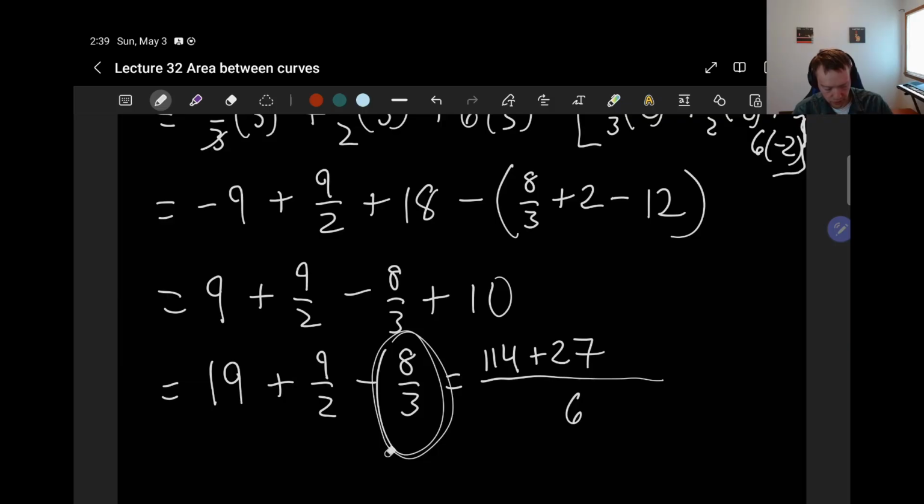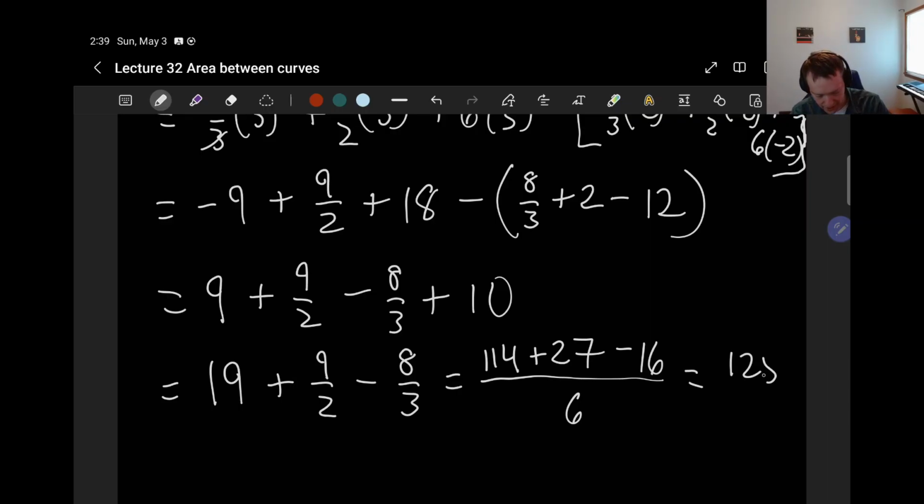This 8 thirds will need to multiply by 2 over 2. That's minus 16 over 6. And so we get an exact answer of 125 over 6. That does not reduce.